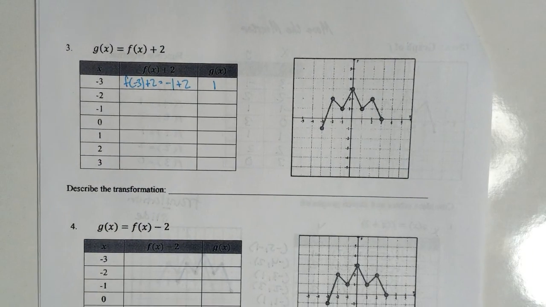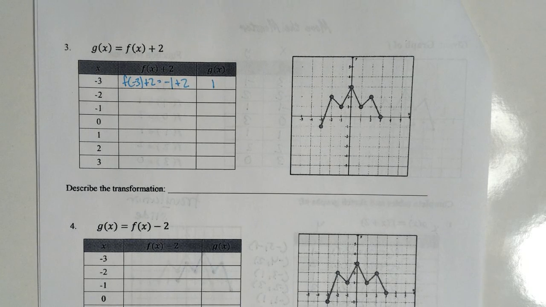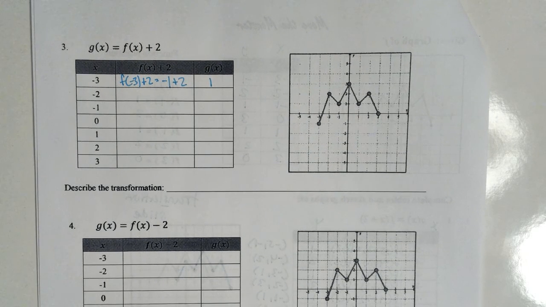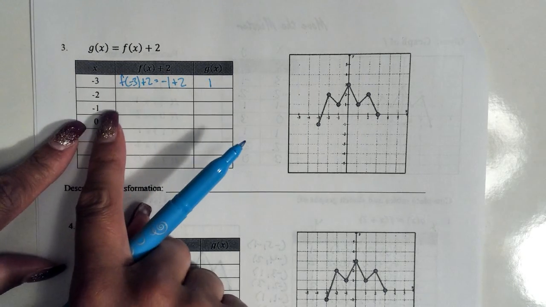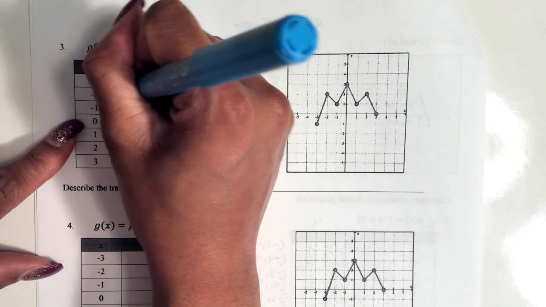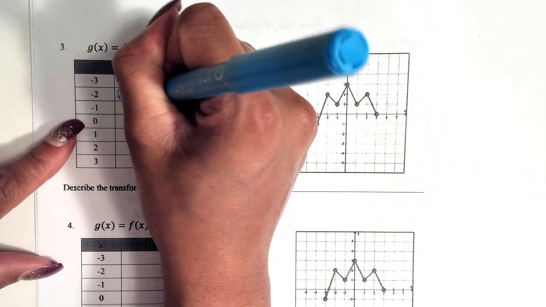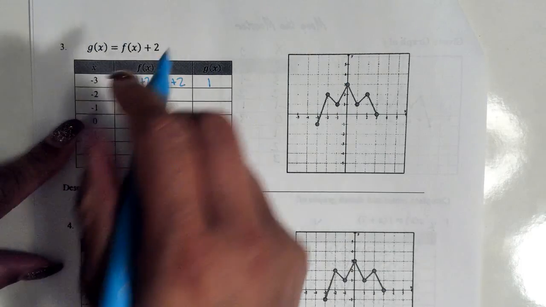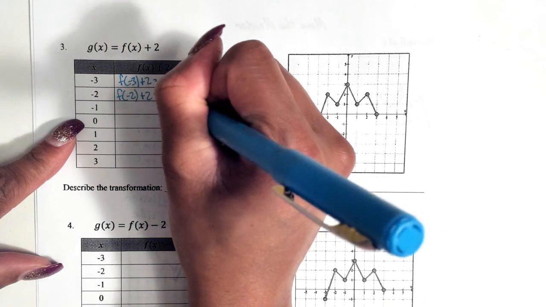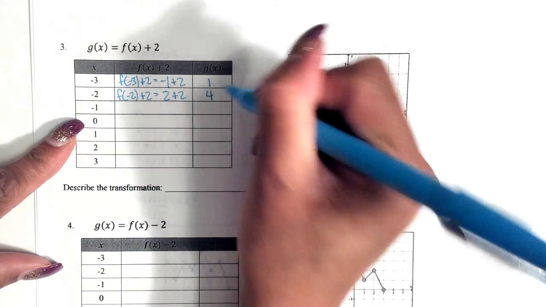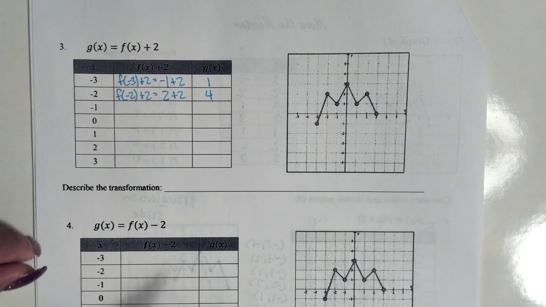And so just note that each time that you're finding f of a number, you're going to refer back to that front page. Okay, so then we have f of -2, and then we're going to add 2. f of -2 is 2, and then we're going to add 2, so then I have 4 as my new output.